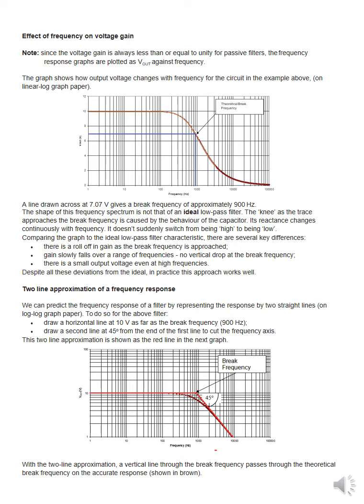Now if we need to find the effect of frequency on the voltage gain, first of all you need to understand this graph. This is a semi-log graph paper, and this is how it works. Let me bring the pointer. The shape of this frequency spectrum is not that of an ideal low pass filter.